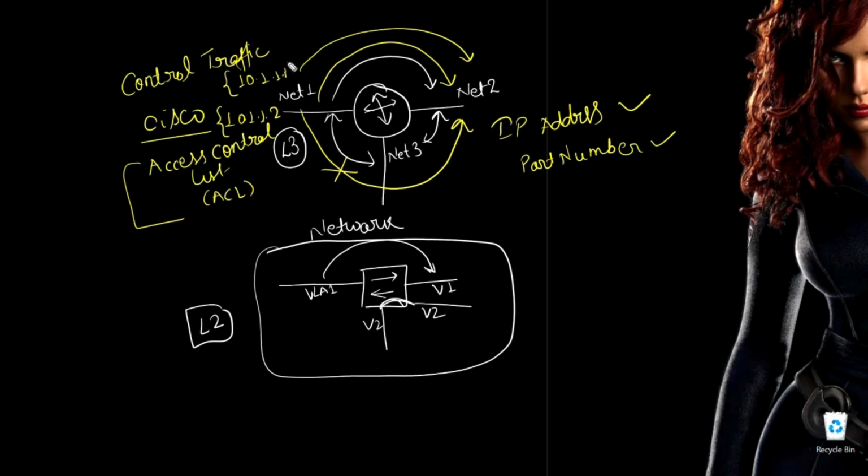Similarly, whatever I told was for the source IP address, but the similar concept can be used for the destination IP address, that this machine is not allowed to connect to destination IP address, let's suppose, 200.200.200.1. So based on the source and destination IP address, or the source and destination port numbers, our traffic is allowed or denied.